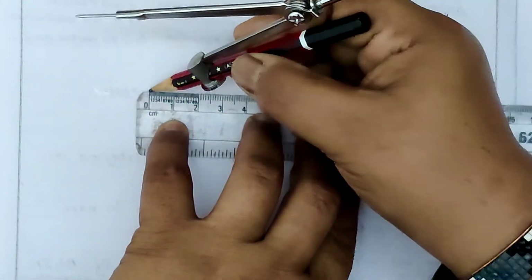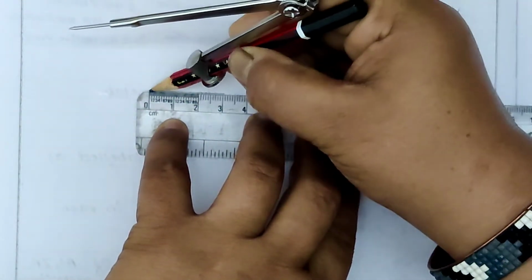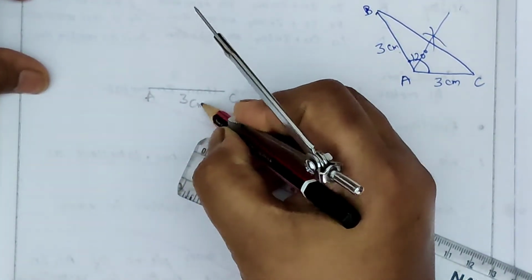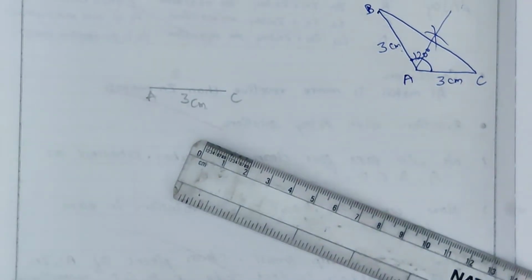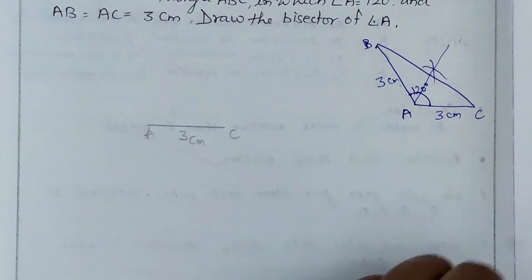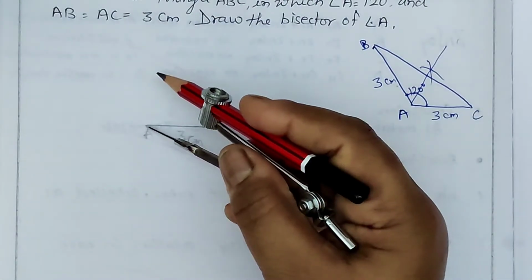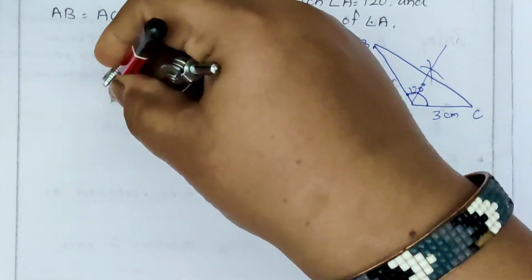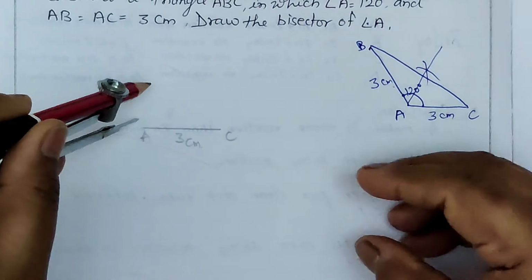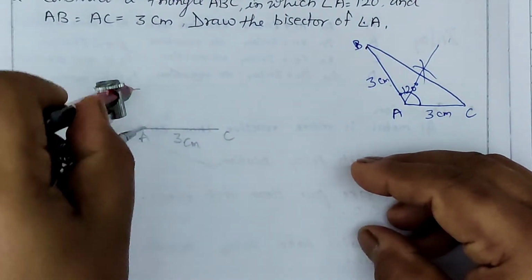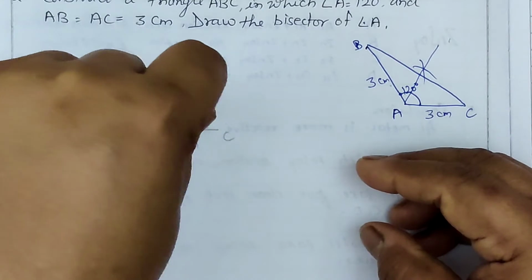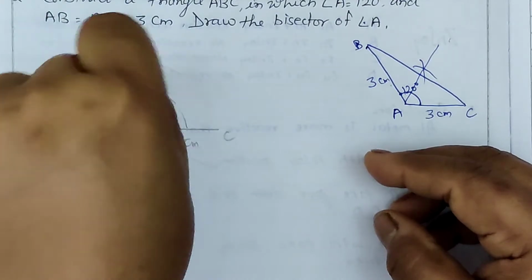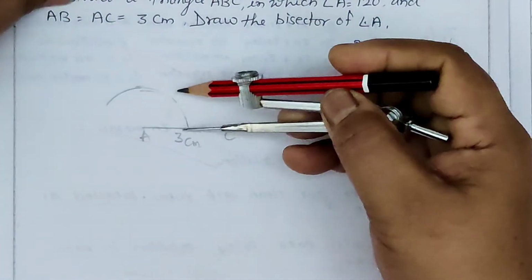Now make an angle of 120 degrees at A. How to make a 120 degree angle? Make an arc with center A and cut here.